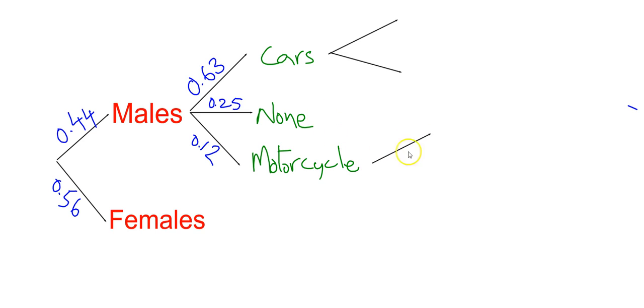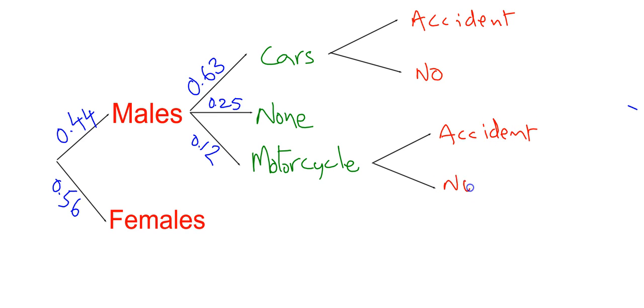But from this motorcycle, you have 2 branches coming out, and these are what? Accidents, no accident. There, motorcycle owners involving in accident, and there, no accident. Let me check it out. Yeah, that's right.